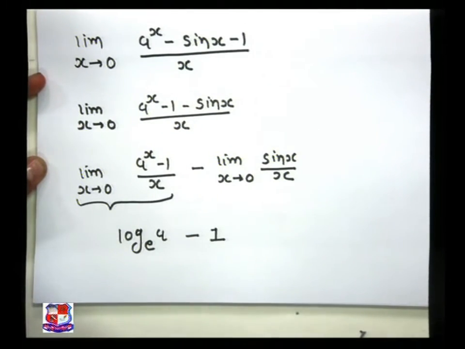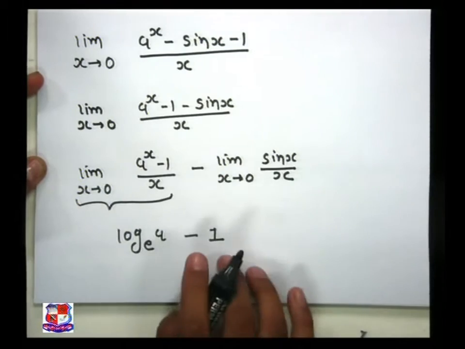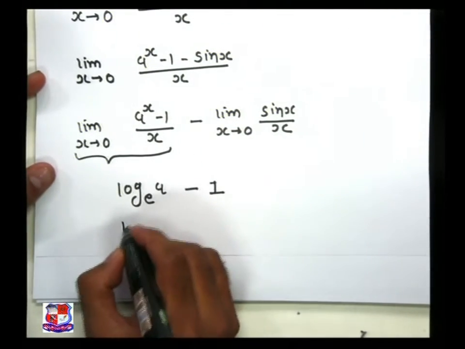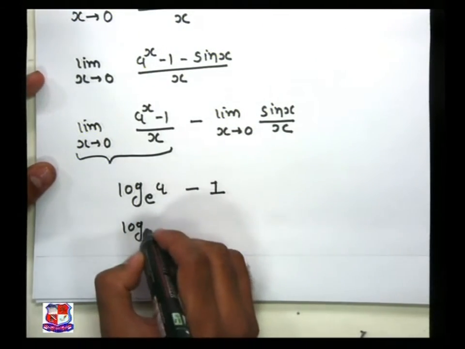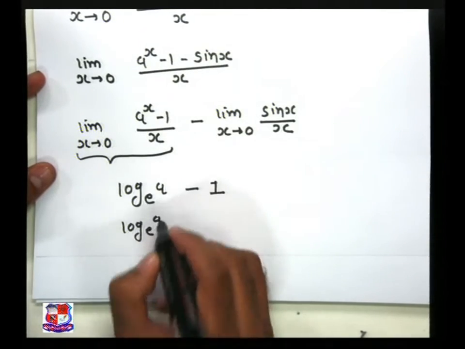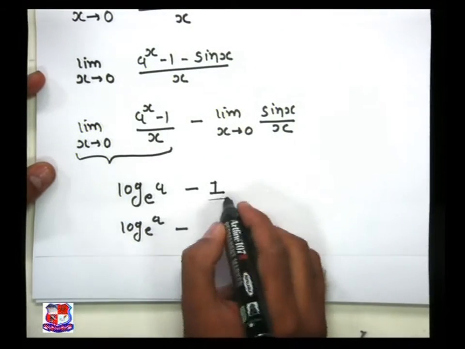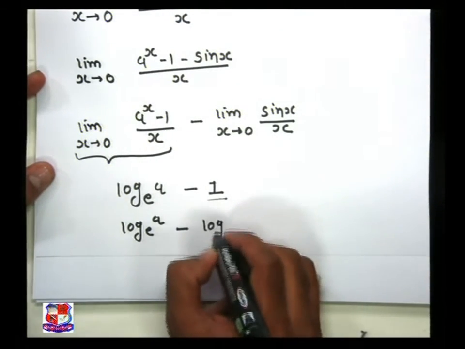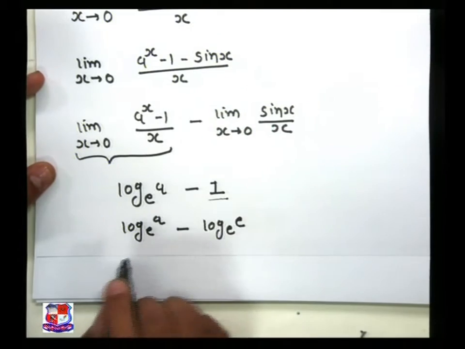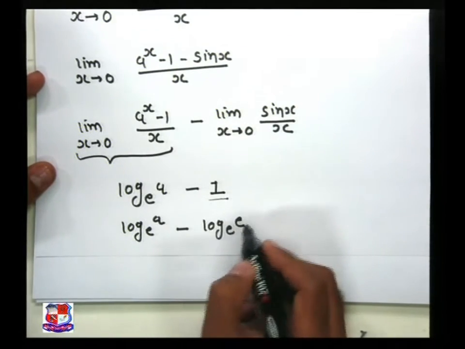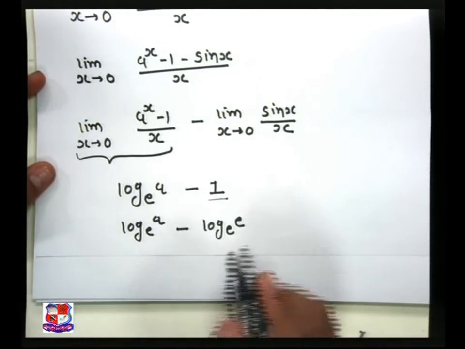So our next step is to simplify it. So log e a minus, we can write log 1, log e base e, because when base and value are both the same, the answer is 1.